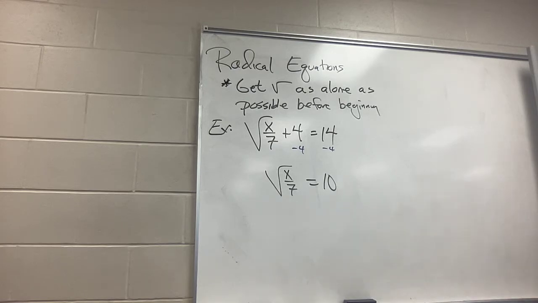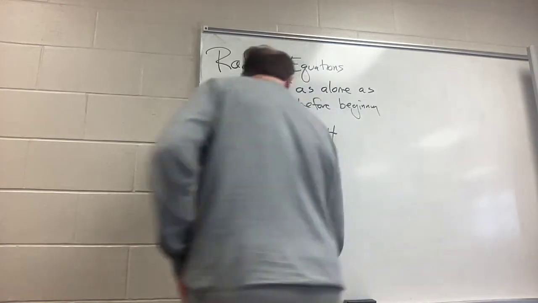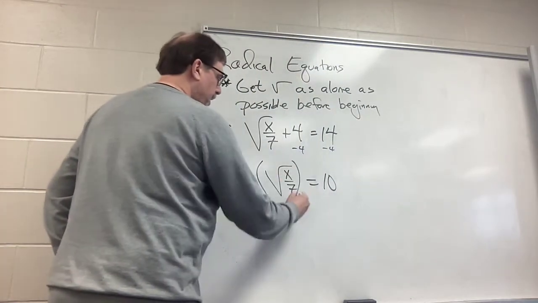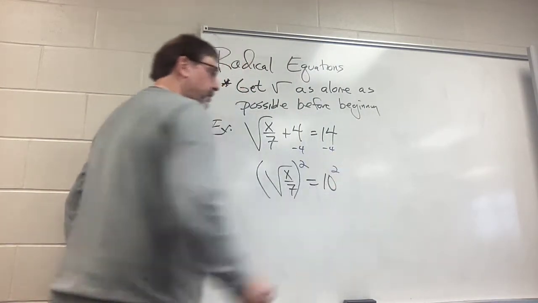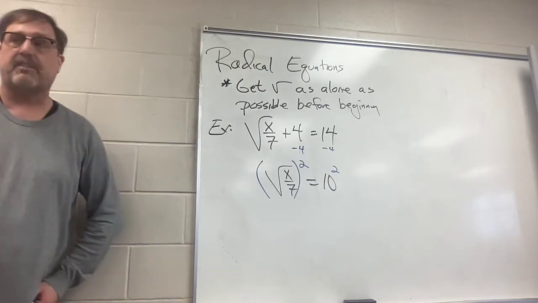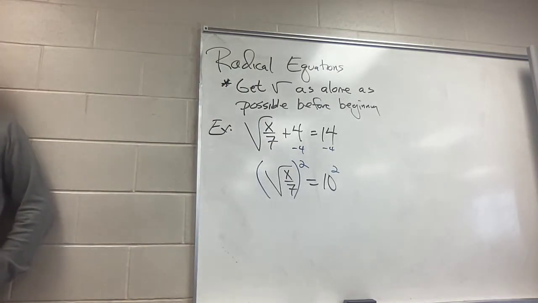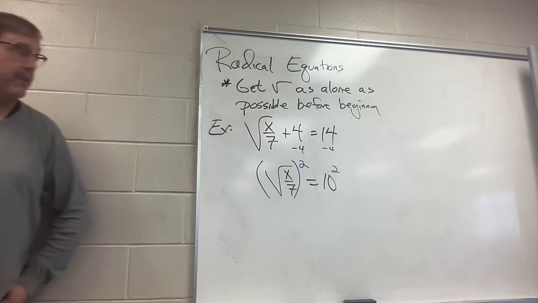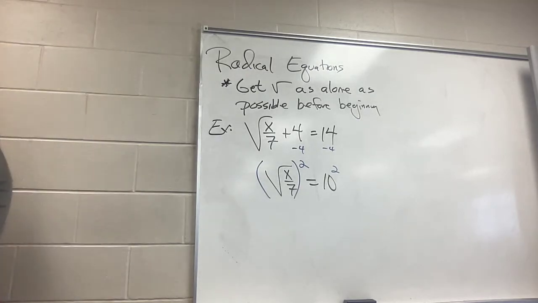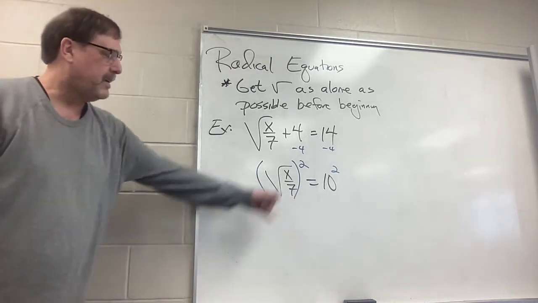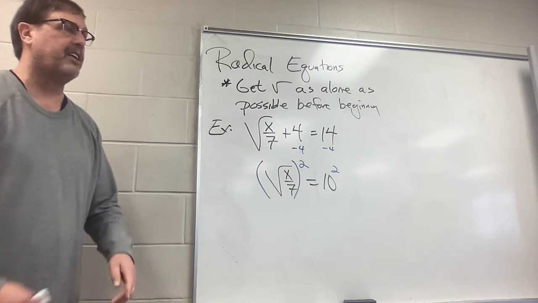So if you would please throw a square on both of them. Remember the laws of algebra say, if you do something to one side, you better darn well do it to the other side. Well, a square root and a square counteract each other.